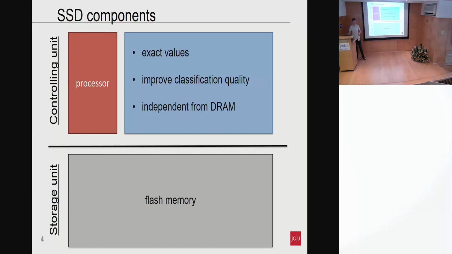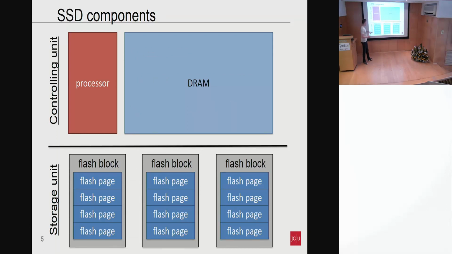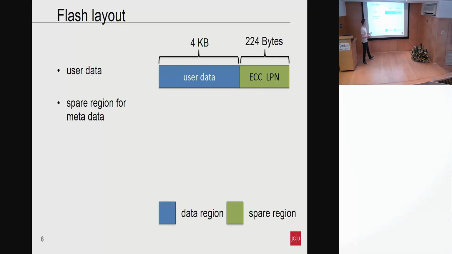So to do that, we need to take a closer look at how flash memory is actually designed. Whenever we write data, we write to flash pages. And to be more specific, we actually write not only the user data we were sent, we also write some metadata for that page. For instance, the error correction code and the logical page number for the data that is written in this page.